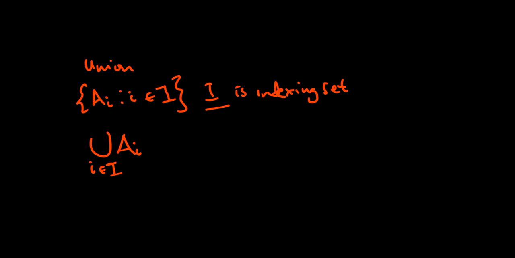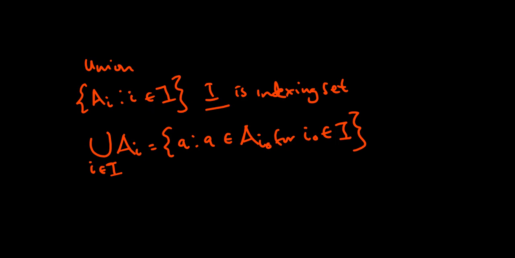So you are uniting, or bringing together, all these sets. We might not know how many they are. So x is a member of A_i0 for some i0, a member of the indexing set.